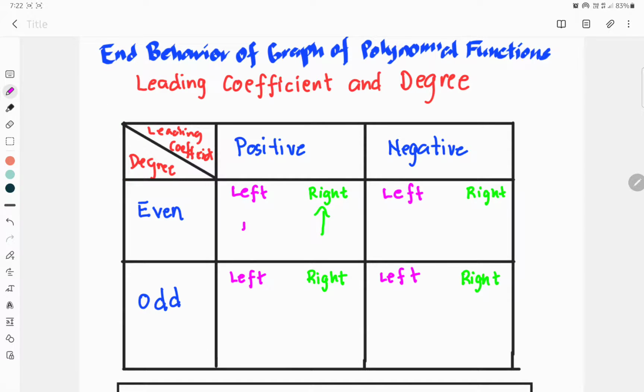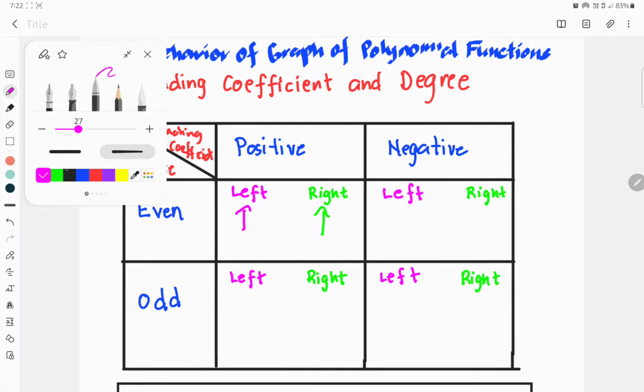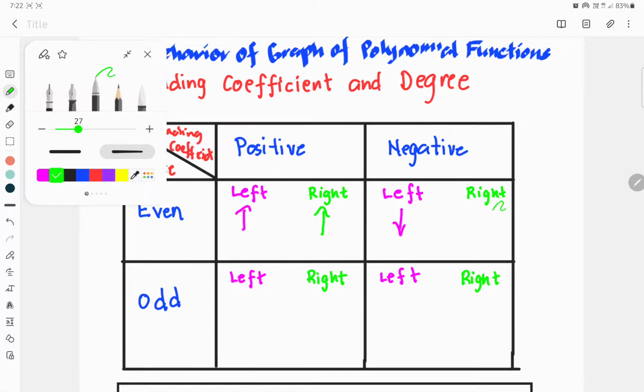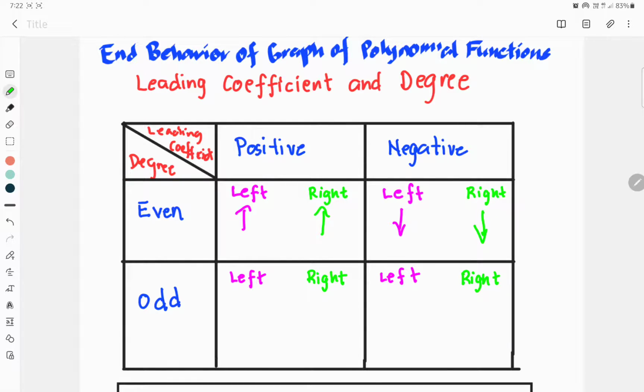So if it is even, it would go up in the same manner. However, if it is negative, this is going down and this is also going down. So that is the behavior of an even polynomial function.